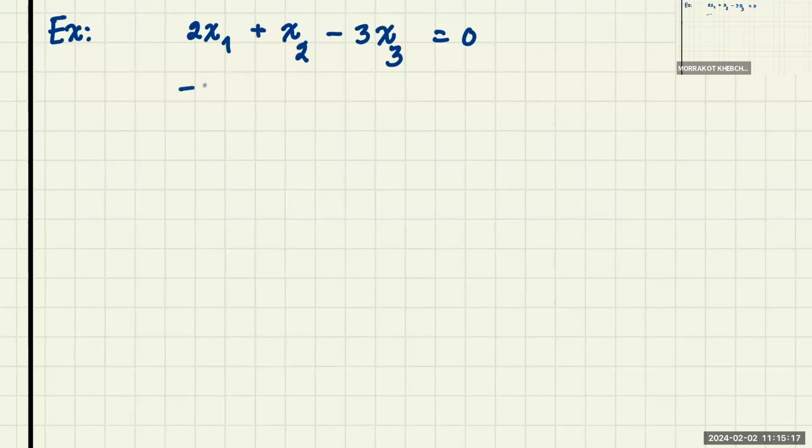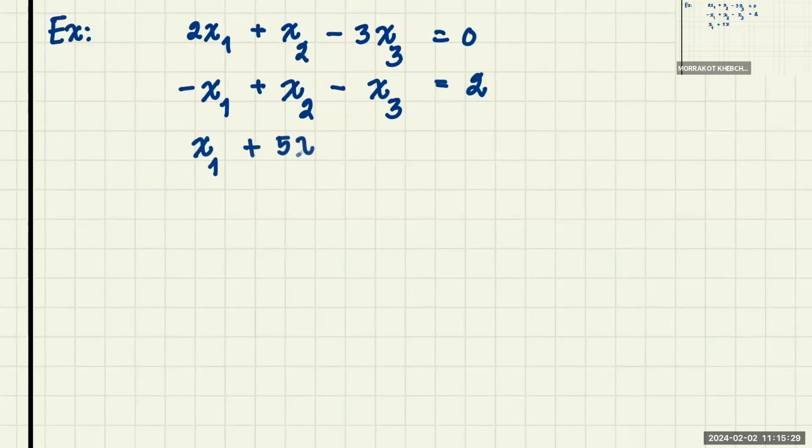So I will start with the example by writing the system of linear equations: 2x1 plus x2 minus 3x3 equal to 0, minus x1 plus x2 minus x3 equal to 2, x1 plus 5x2 equal to 3.